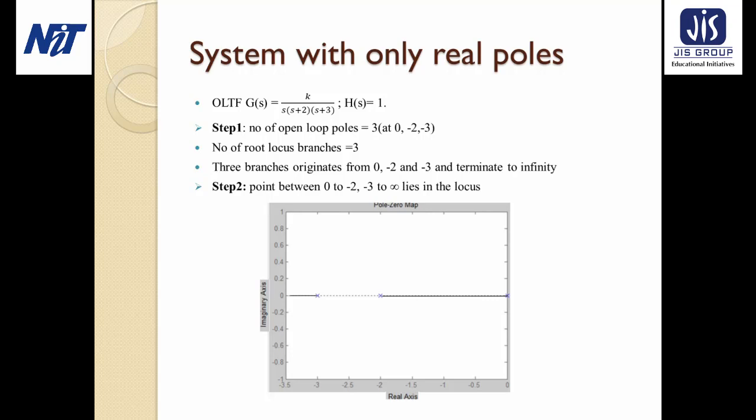Now, the root locus is symmetrical about the real axis and the number of branches is equal to the order of the characteristic polynomial, that is, the number of poles of the open loop transfer function. So here the number of root locus branches will be 3, and the 3 branches will start at the open loop pole locations 0, -2 and -3.